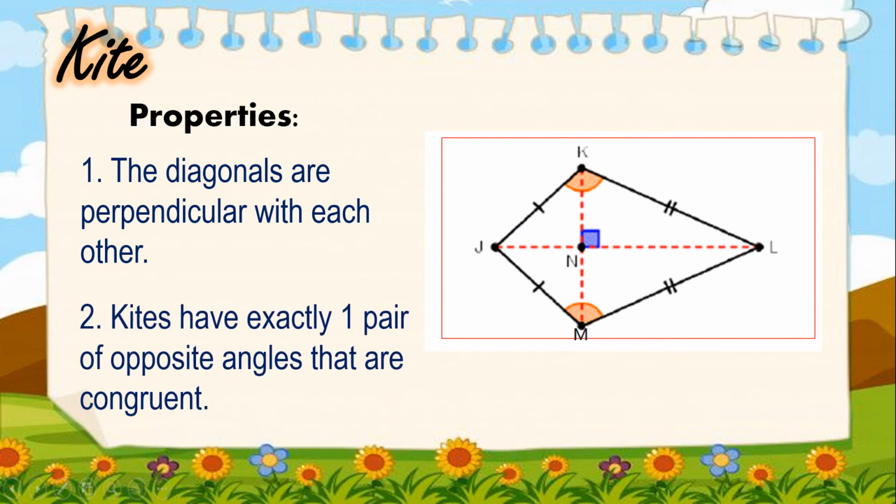Next property, kites have exactly one pair of opposite angles that are congruent. So in the given figure, the two opposite angles that are congruent are angle K and angle M, or angle JKL and angle JML.